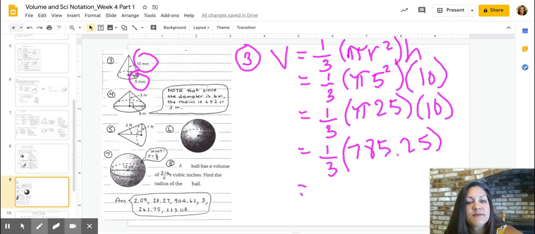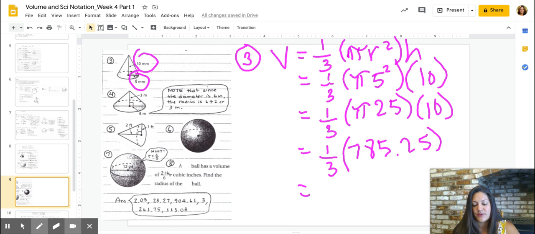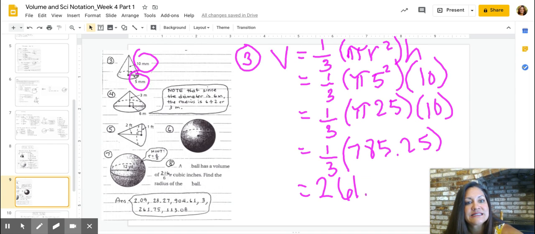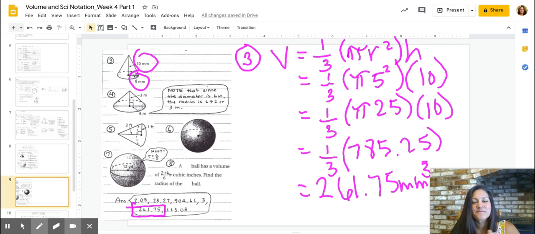And we're going to do that times 1/3 or divided by 3. That gives me 261.75 millimeters cubed. Okay, and let's look over here to our answer key and yippee skippy. There it is.